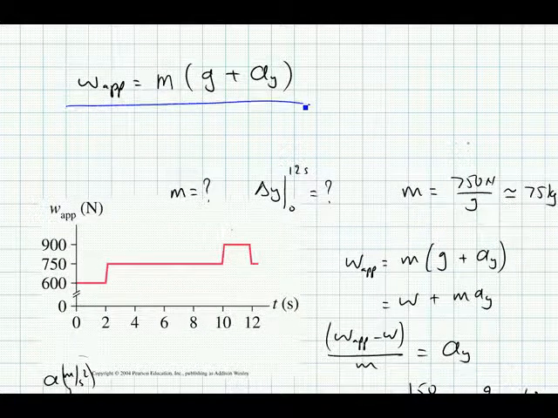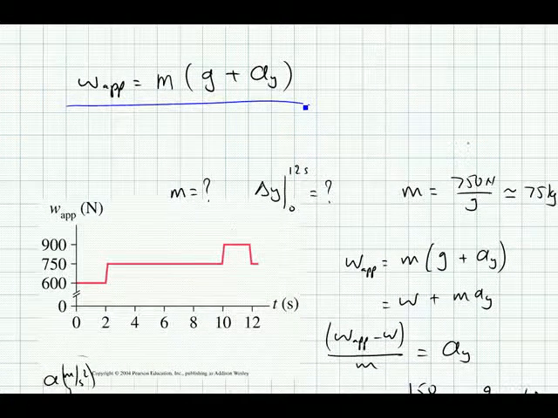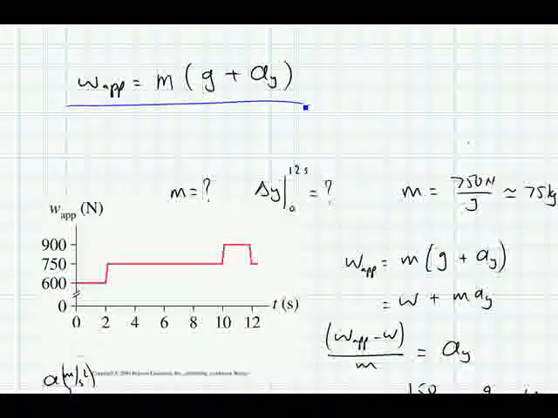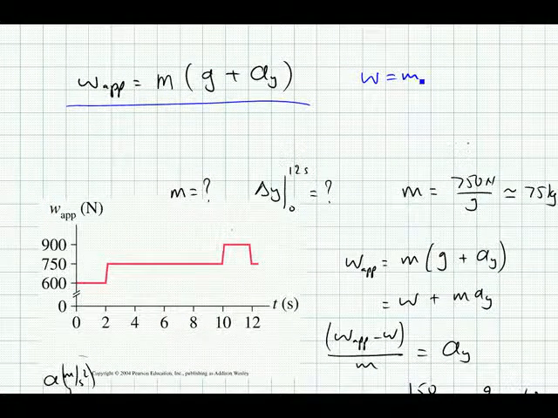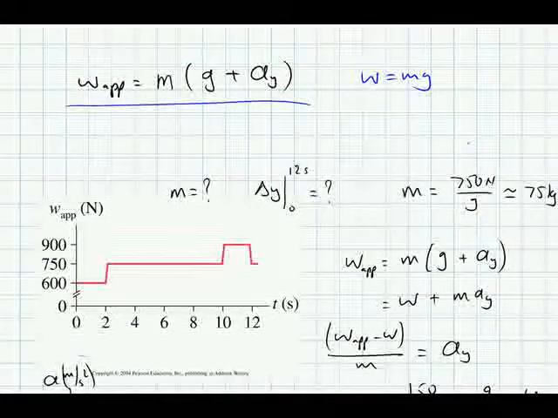Apparent weight is given by this expression, mass times acceleration due to gravity plus any acceleration that the object has along the y-axis, and of course we know that weight is mg.